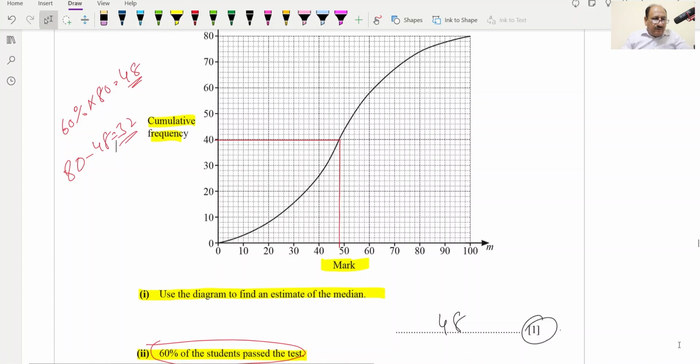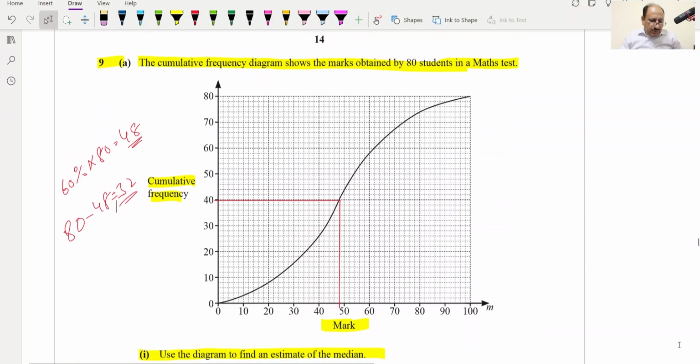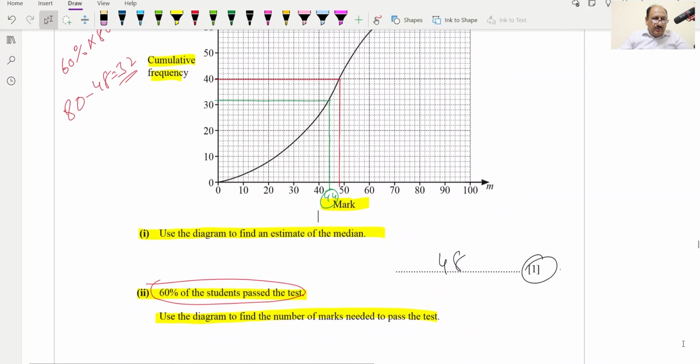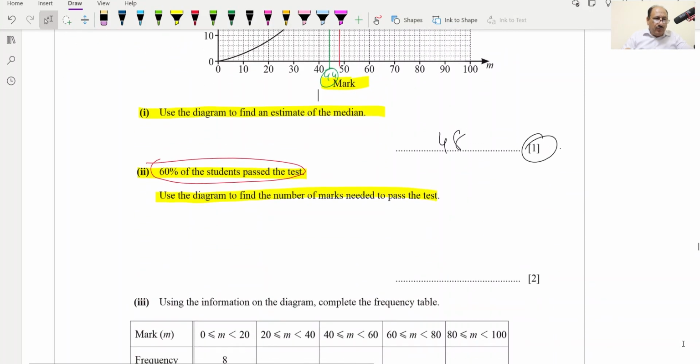So we check the reference from 32, and the line we can follow gives 44. We indicate 44 over here also. Hopefully you understood this.